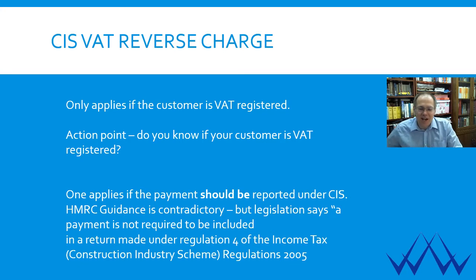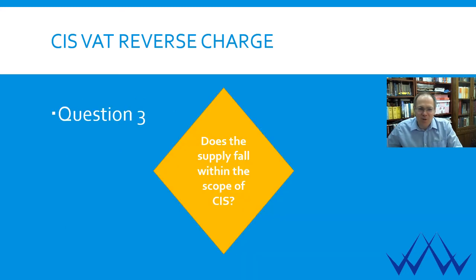Secondly, as I mentioned earlier, the VAT reverse charge rules will only apply if the transaction is subject and reportable to HMRC under the CIS regime. So you have to ask yourself, is your contractor registered for CIS? And also, if they are, does the supply fall within CIS? Because it may be the contractor is registered for CIS, but there's no need to report the transaction under the CIS.